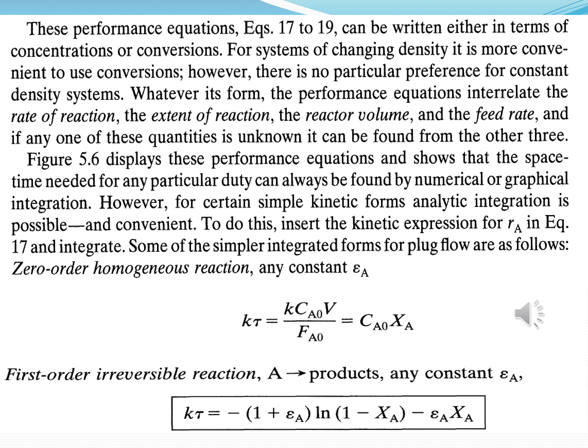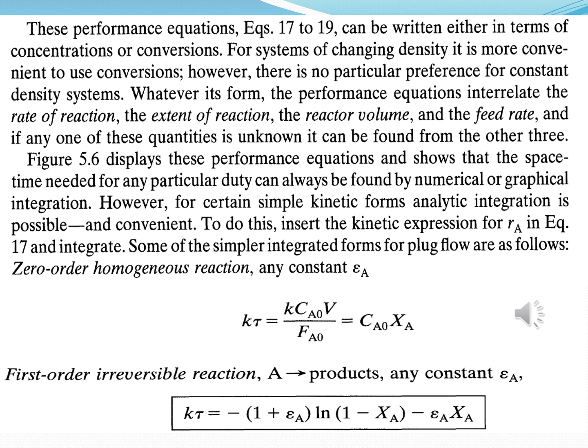So we just summarize the performance equations of the reactors which we have derived so far. The performance equations can be written either in terms of concentration or conversions. You can write the right hand side in terms of concentration or conversion. For systems of changing density, it is more convenient to use the conversions.